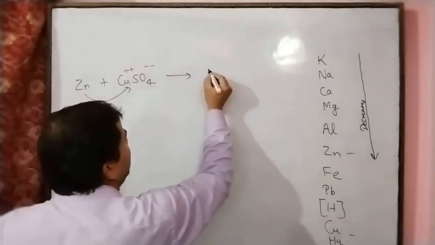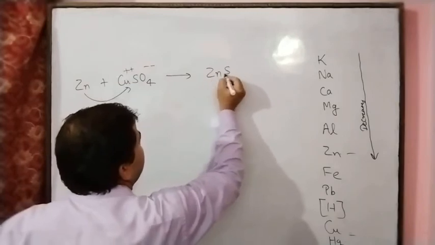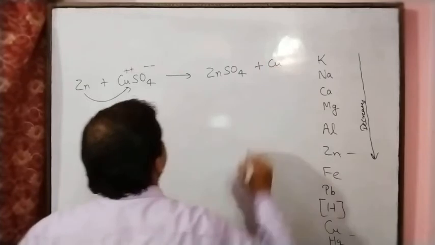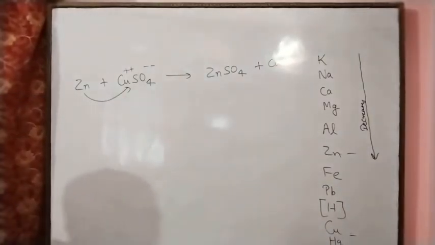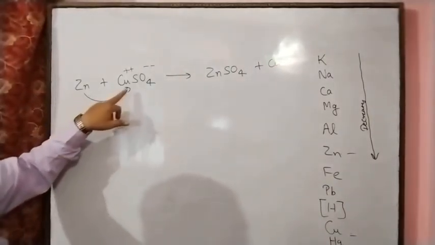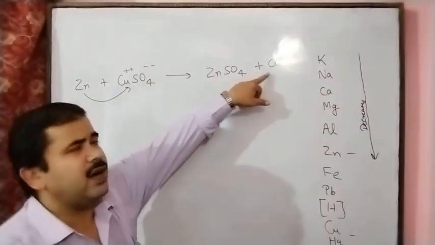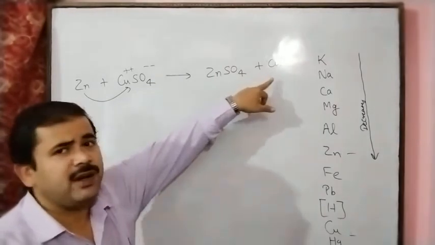We get the compound ZnSO4 plus Cu, that is, zinc sulfate and copper. This reaction is feasible because zinc's reactivity is more than copper's, and zinc displaces the copper from copper sulfate.